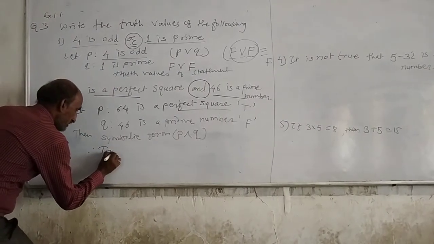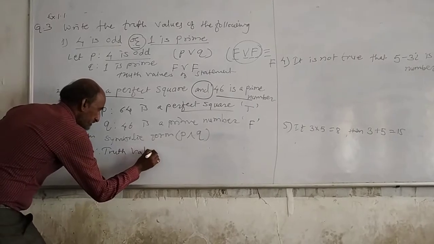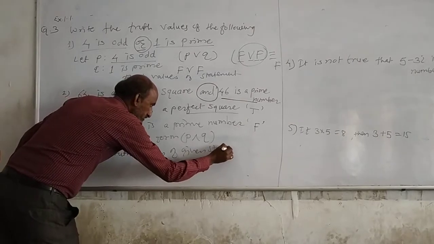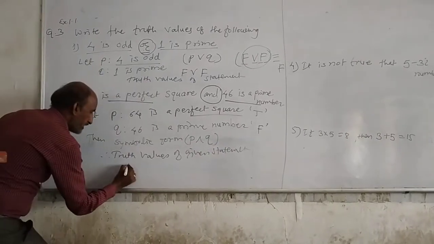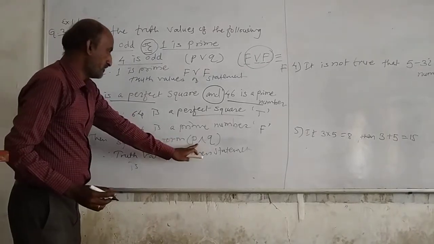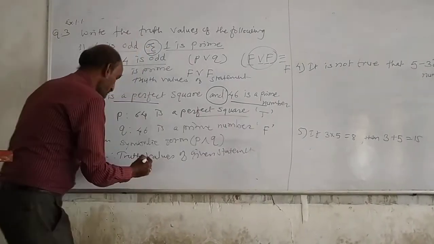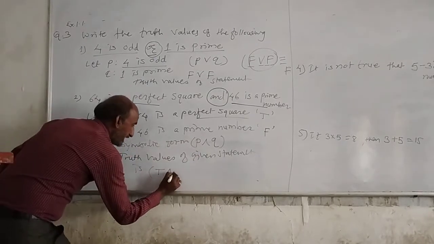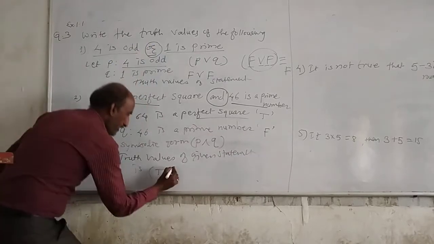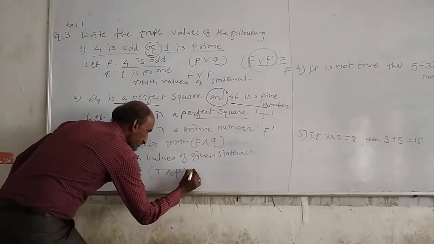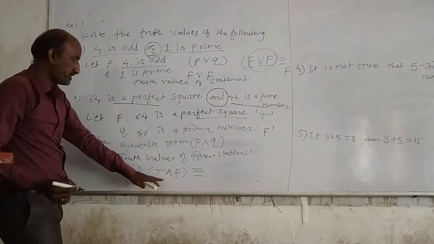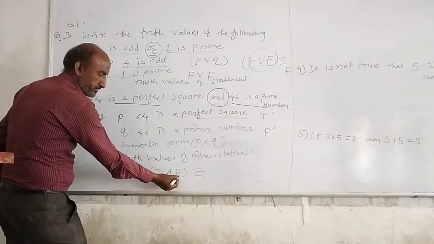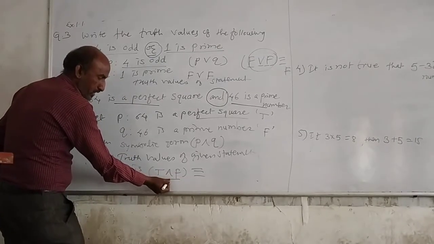Then find the truth value. Therefore, the truth value of the given statement: P, first statement true; connective is and; second statement false. That is equivalent to T and F. This is the rule of AND.